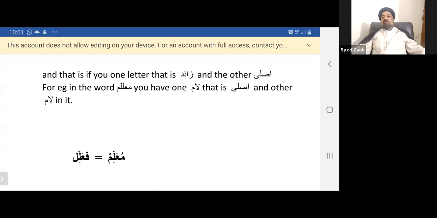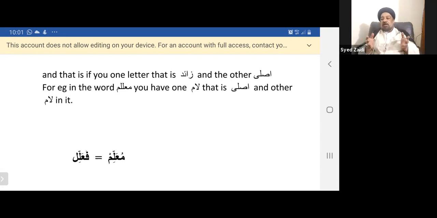Now, this is an example that I want to give you. Sometimes there are ways to find out if there is a merger between the two letters. One of these letters has to be asli and the other has to be zaid, or both of them are asli, or both of them are zaid, right? In the case where one is asli and one is zaid, it's very hard to distinguish.